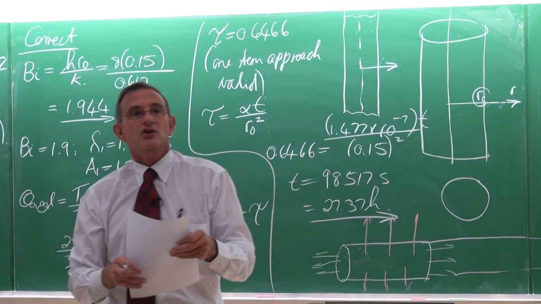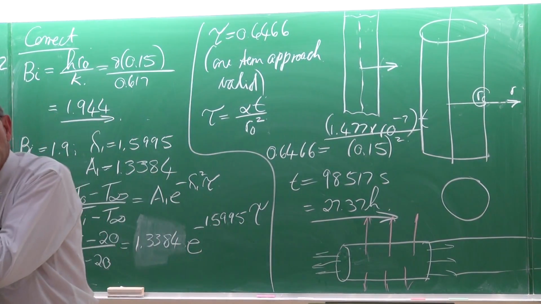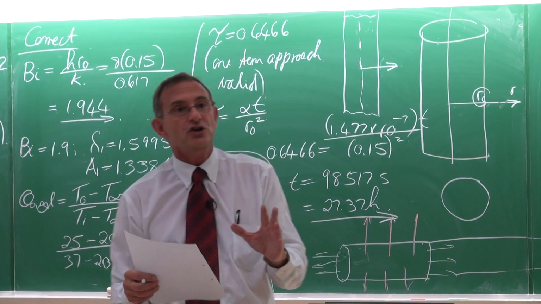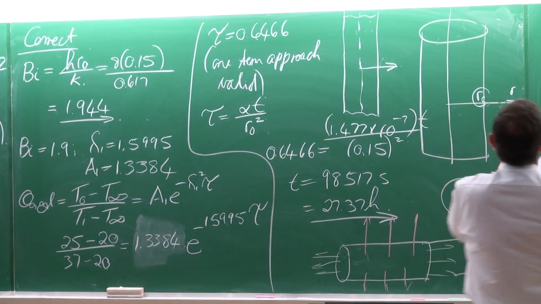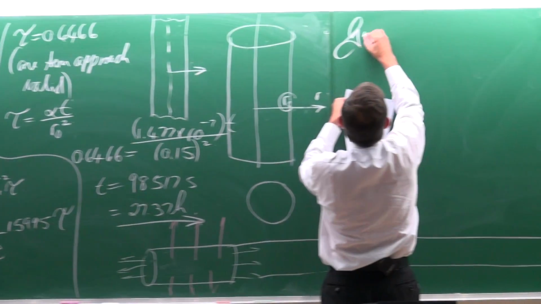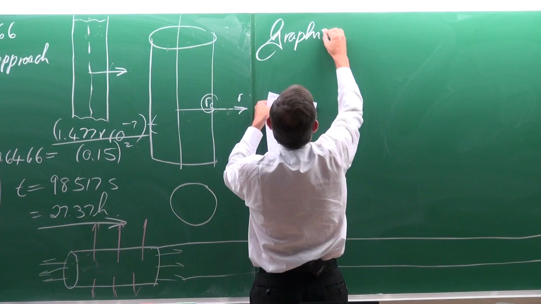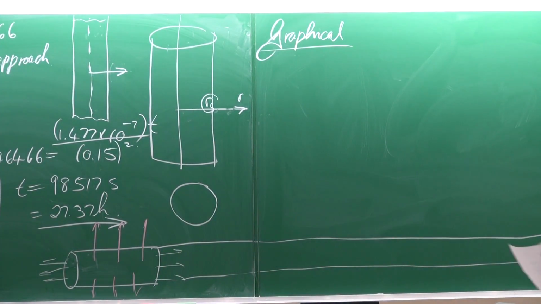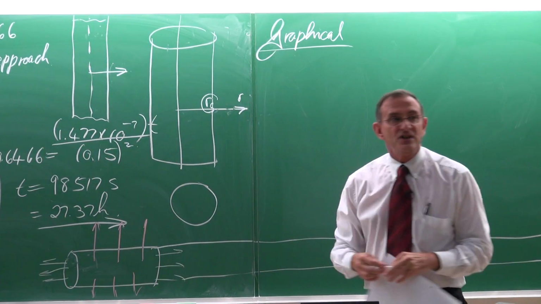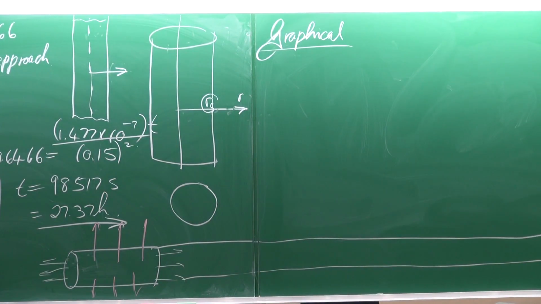Okay, right. Now, there's another approach that can be followed, and that is by using the Heisler charts. We've also looked at that. So let's look at the case if we actually want to get what is called a graphical solution. With that, you have to refer to figure 4.18.